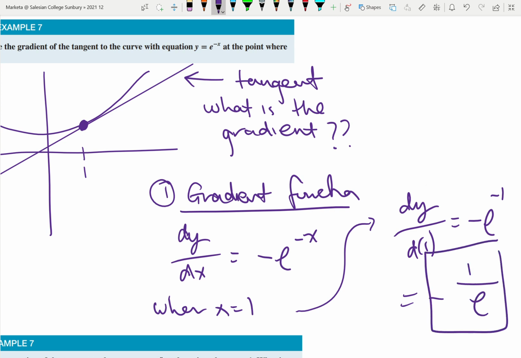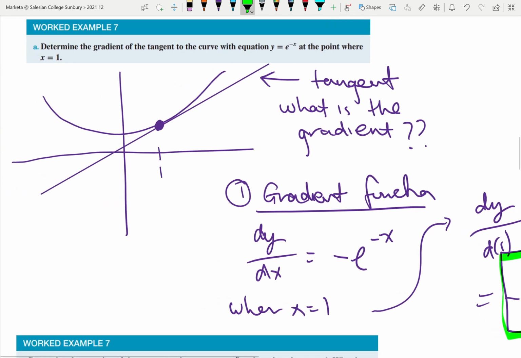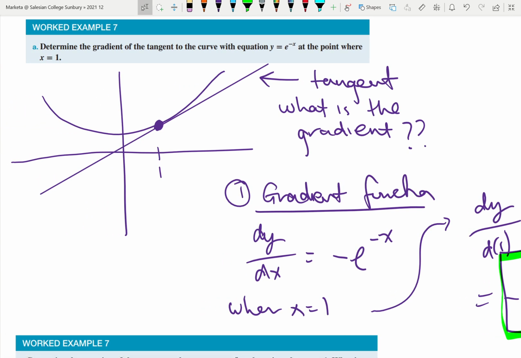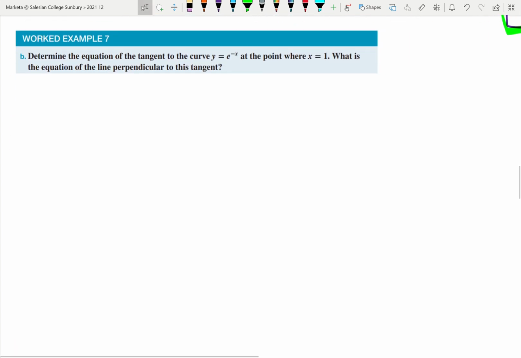That is the gradient of the tangent at that point. Anytime we're asked about a gradient, you want the gradient function, and you can substitute in the point quite easily.